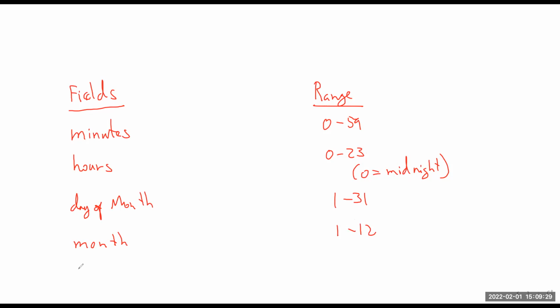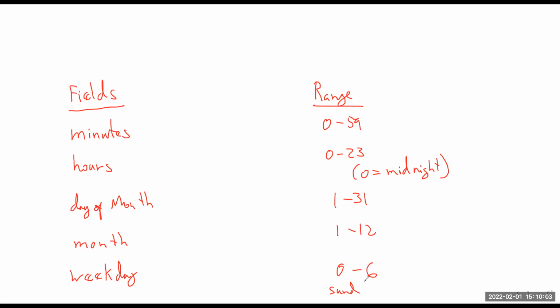And then finally, the weekday, the day of the week, and the range for that is going to be 0 to 6, where 0 is Sunday. So that's what you need to be able to figure this out. We'll start doing some examples in a second, and it should be fun to figure them out.